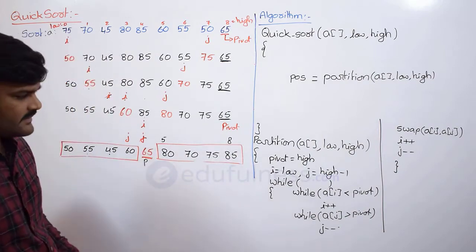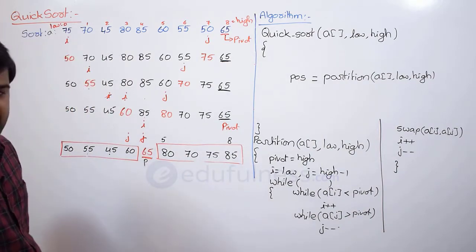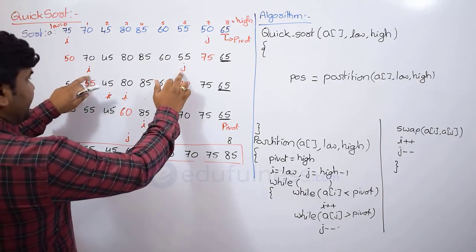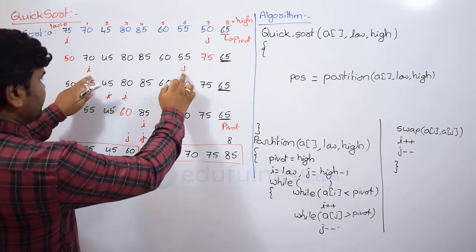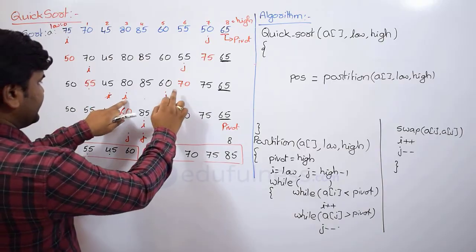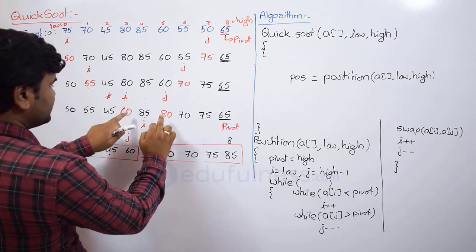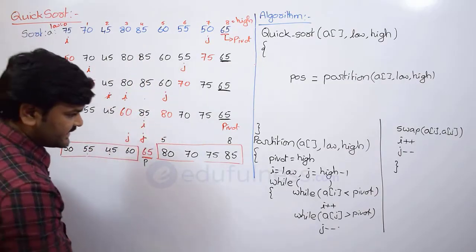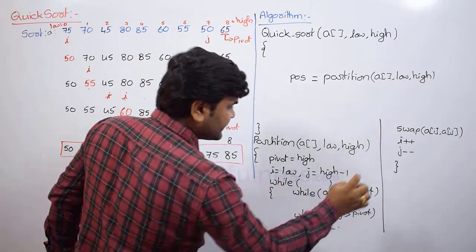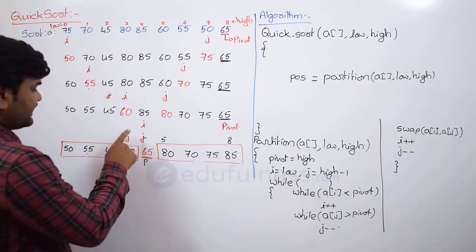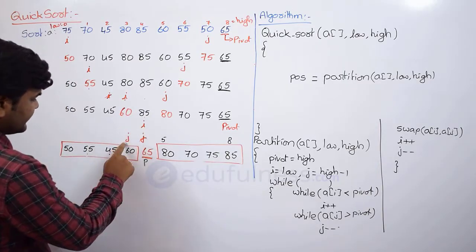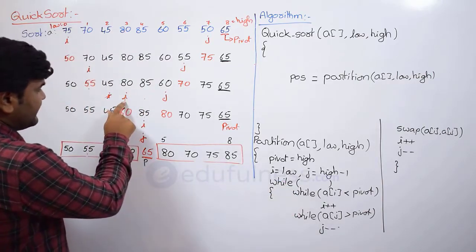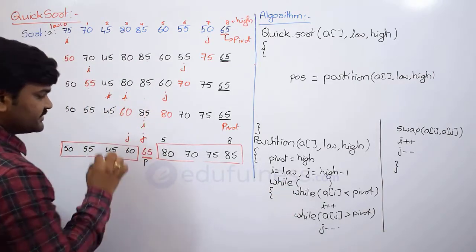Okay, now what is going to happen? Let us try to understand. So here you see, again i and j compared with pivot, swap is happened, and again i and j is compared with pivot, swap is happened. When you terminated this work, whenever i is greater than j, and when you continued, whenever i is less than or equal to j.